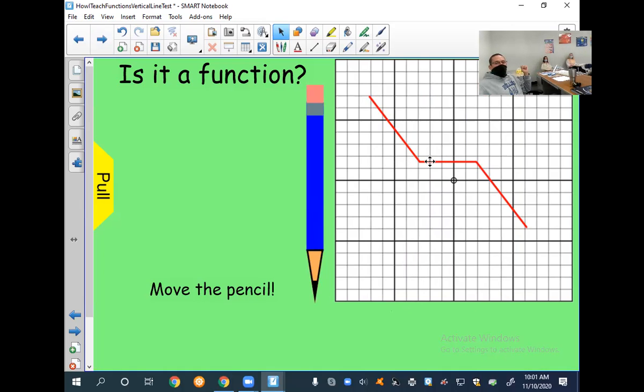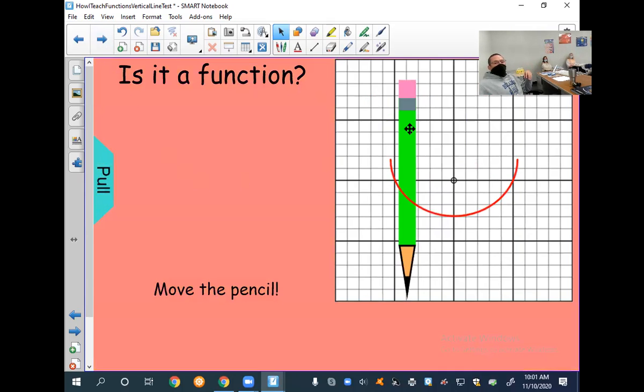Right here, correct? If I drew it along this part, doesn't it pass through a bunch of points? So would this function be one-to-one? No. Okay, it is a function, but it's not one-to-one. This one, it is a function, but if I go sideways, do I pass it more than once? So could I say that's one-to-one?